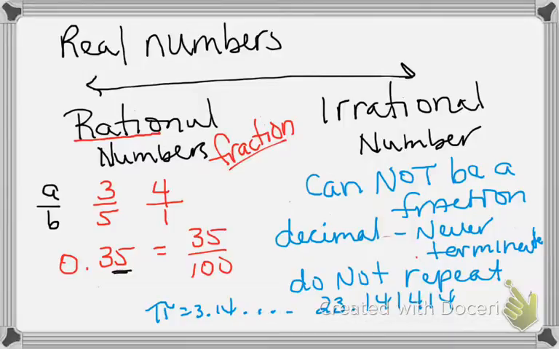Does that repeat? Well, you can see that it does. It repeats here and here and here. Those are 0.14. So because this repeats, this is not an irrational number. It would be a rational number. All right? And so you're looking for numbers that keep going on forever, never repeat, and you can't make a fraction out of it.